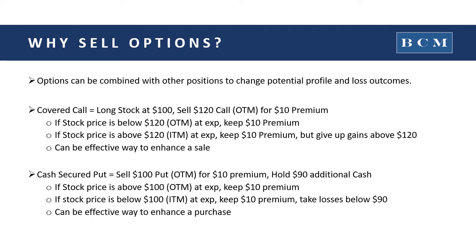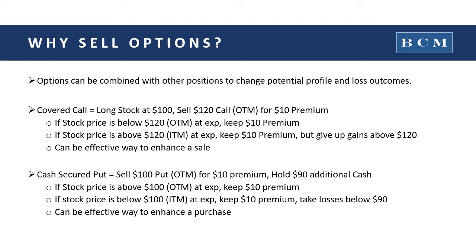Now, if the stock price ends up anywhere above $100 at expiration, at option expiration, then what's going to happen is that put becomes worthless. The put we sold is worthless, so we just keep the $10. That is our maximum gain. If the stock ends up below the $100 at expiration, then we might be forced to buy the stock at the $100 strike price.